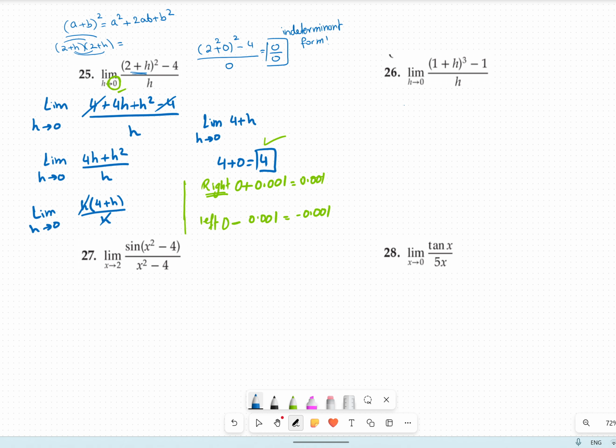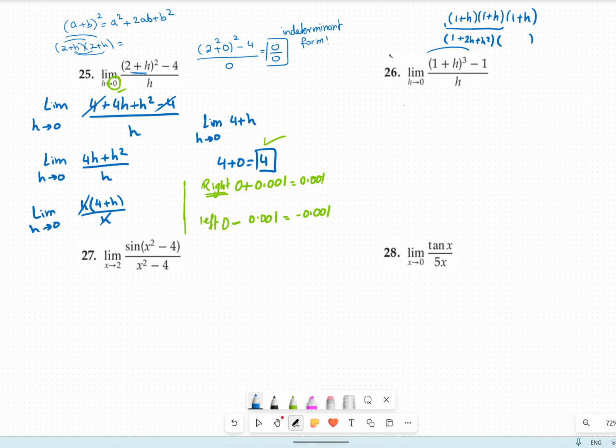Now, to find the limit of this, I am going to expand 1 plus h cubed. Now again, how do I expand this power 3? This is very simply 1 plus h multiplied by 1 plus h multiplied by 1 plus h. You can multiply these together. So you will get 1 plus 2h plus h squared.